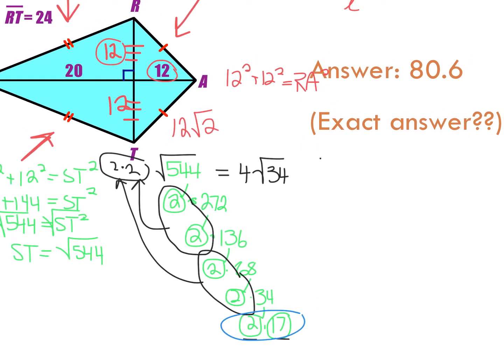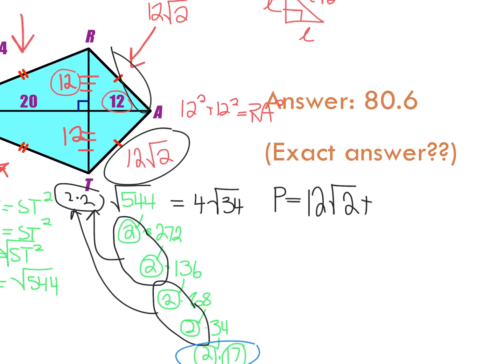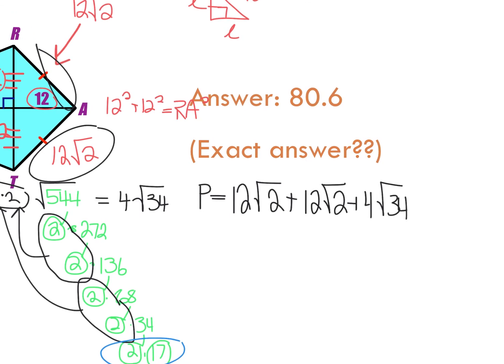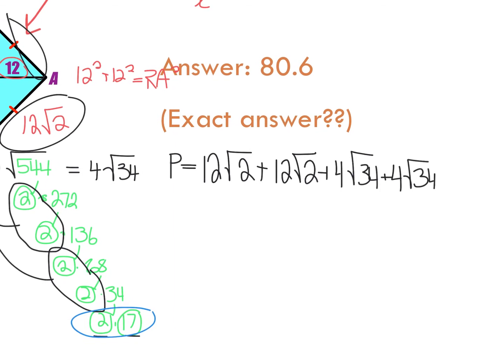We have to find the perimeter. The perimeter is going to equal this side, 12 root 2, plus this side, which is also 12 root 2, plus 4 root 34 plus 4 root 34. When I'm combining radicals from the beginning of the year, we can only combine radicals if they have the same radicand, the number underneath.